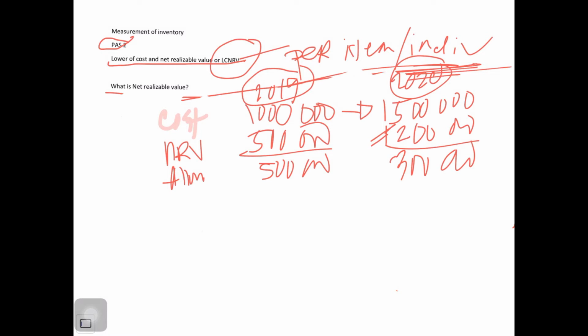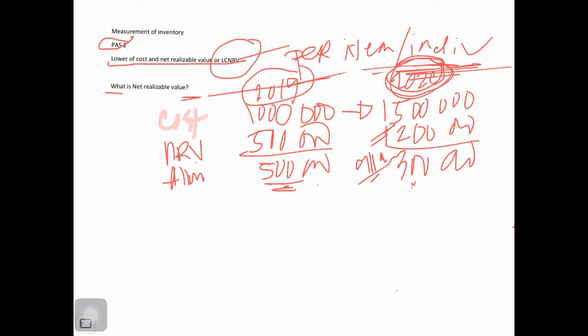So this 300,000 is your required allowance for 2020. However, the allowance you recorded in 2019 was 500,000. So your allowance decreased. If it decreases, that is a gain.